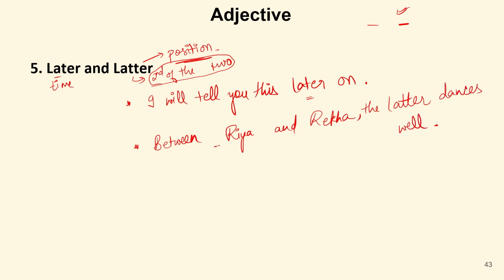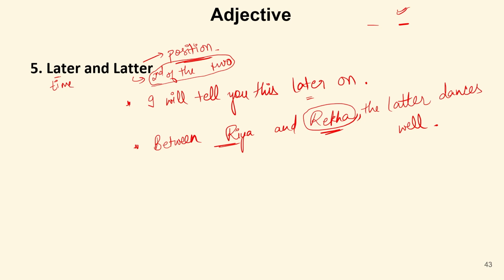It means when we have two options or two persons, that is Riya and Rekha, the latter dances well. The latter means Rekha. In this sentence, we have Rekha in the latter position. Latter means the second of the two. So Rekha dances well. It means I'm talking about Rekha in this sentence. Riya is former, whereas Rekha is latter.